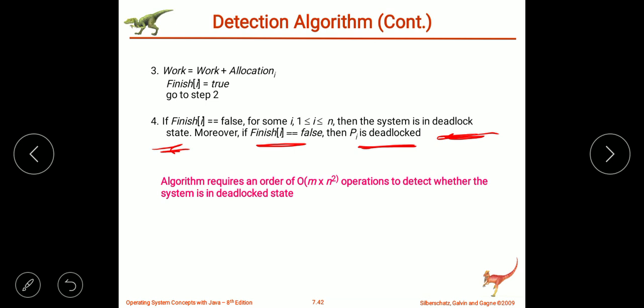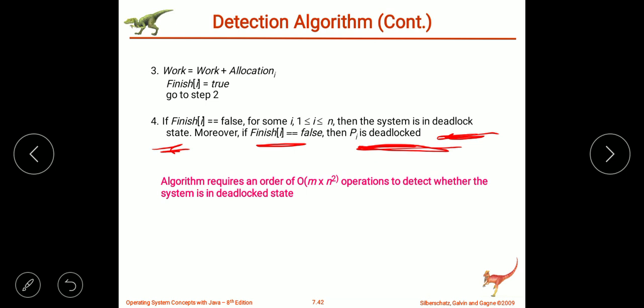If finish of I is false for any one process, then we can say deadlock is there in the system, and that particular process which has not been completed is called deadlocked.